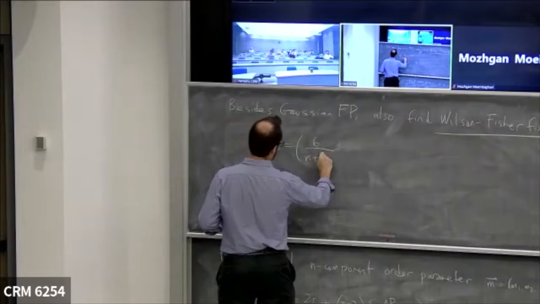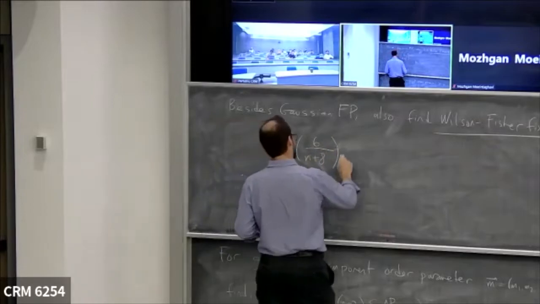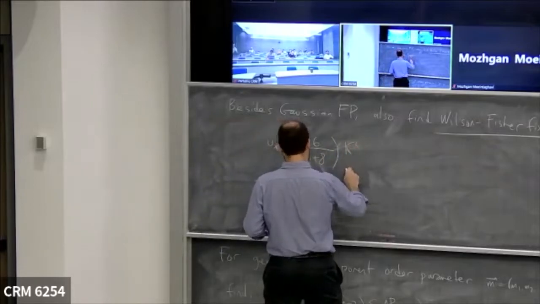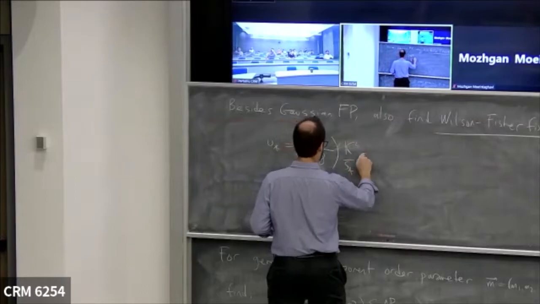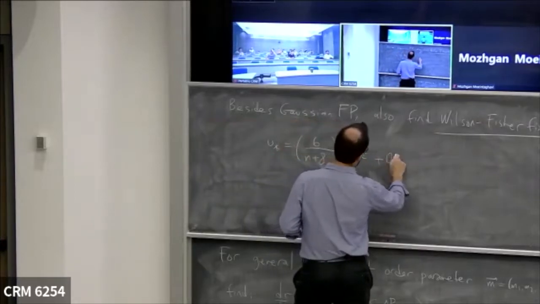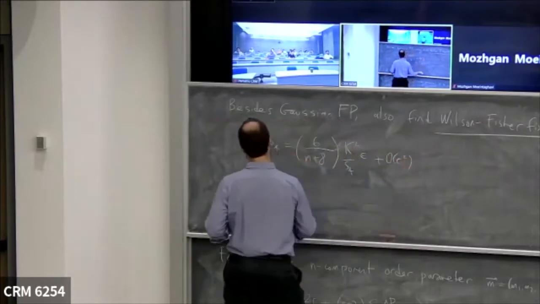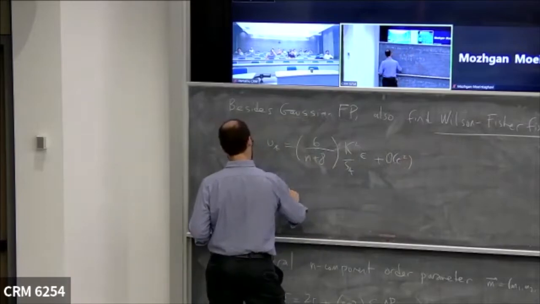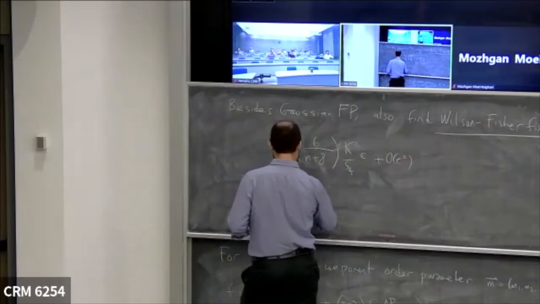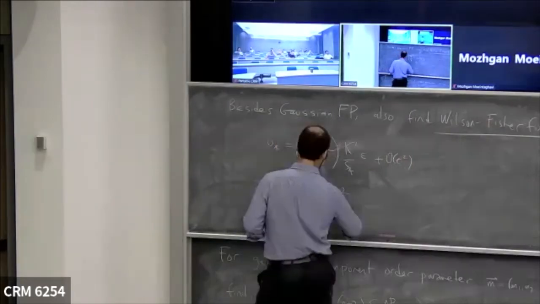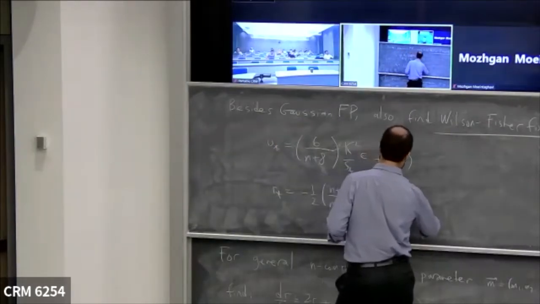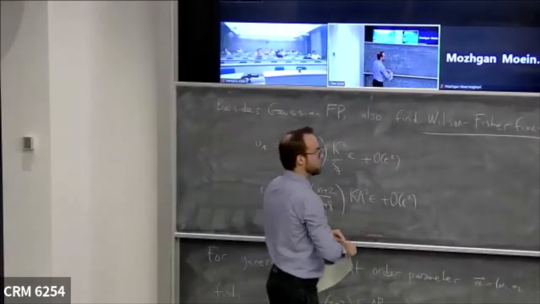Again, this is found for any n equal to 1 or greater, as a power series in epsilon. In the one-loop computation, you can only access the first term in this series, and then some other r star.